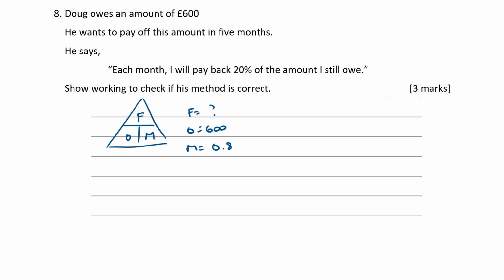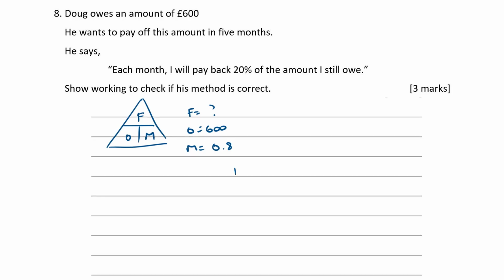So after 5 months of paying back 20%, your final equals original times multiplier, which is 600 times 0.8, but we're doing this 5 times, aren't we?